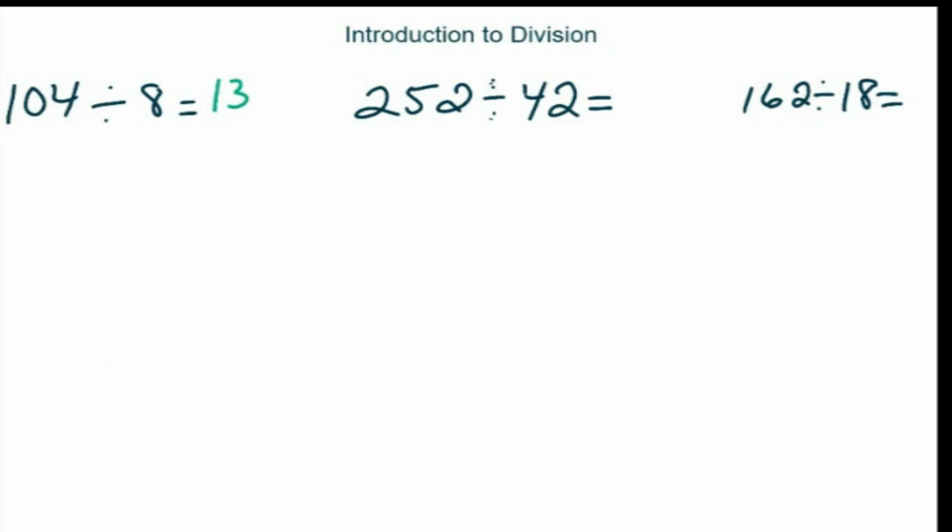Let's try another example. Our next example is 252 divided by 42. We have to take an educated guess to see what number times 42 would give us 252.